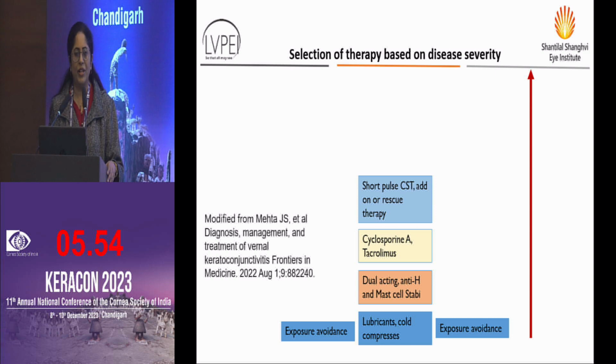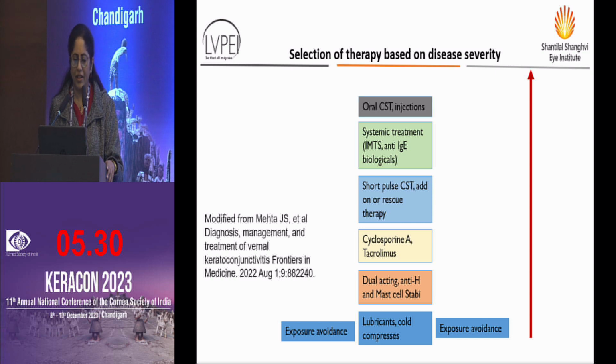And then you have a patient who has more severe disease or has quite a significant flare-up. Then you add topical corticosteroids, which can be an add-on therapy, or sometimes it's very severe, so use it as rescue. And the other agents for the very severe cases, such as systemic therapy with immunomodulators, including oral corticosteroids and so on, and some newer drugs here, as well as injections, supratarsal steroid injections.